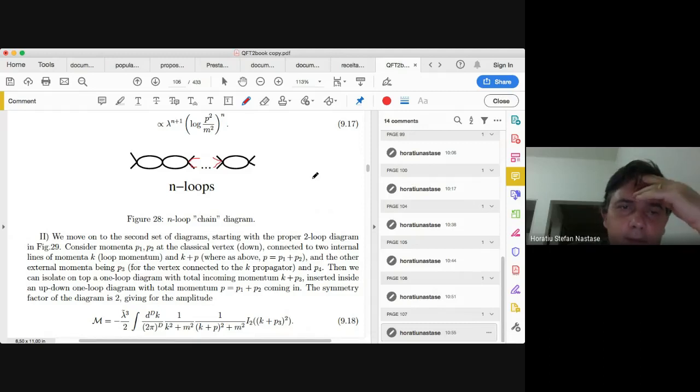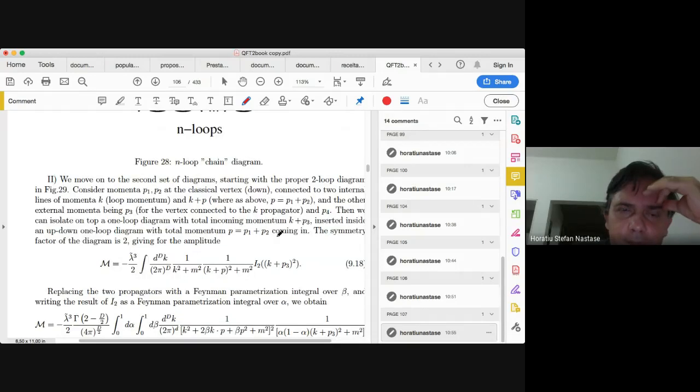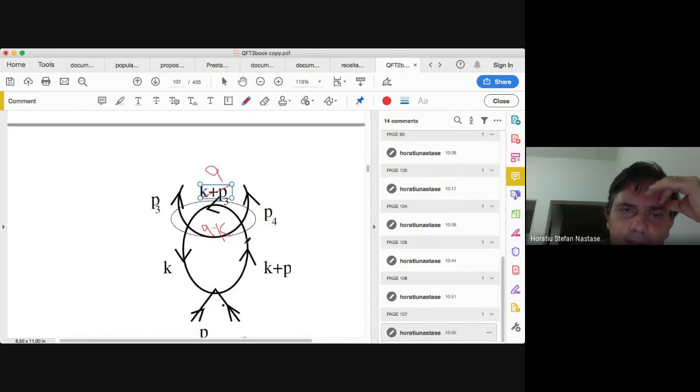So my point was that I can isolate this one loop diagram.